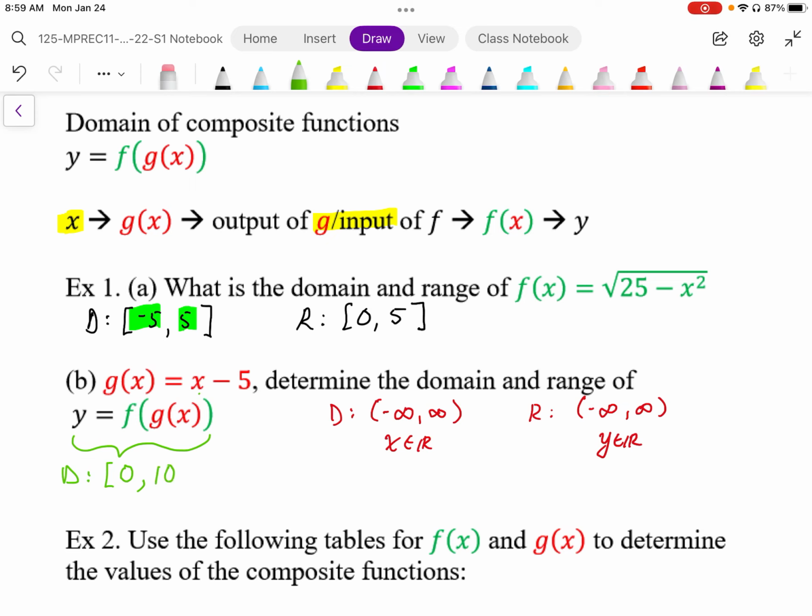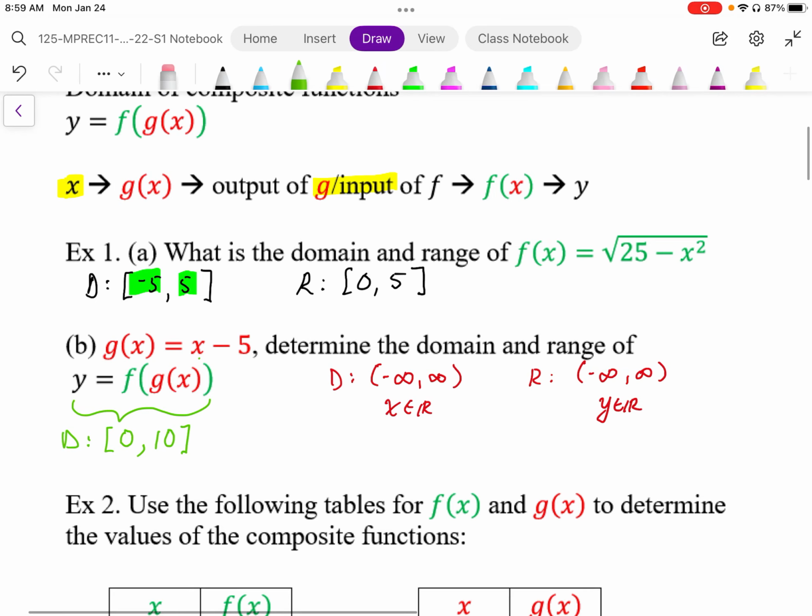So then the domain is going to be 10. So what I can do is put 0 to 10 through the g function, I'm going to get an output of -5 to 5, and that output then matches the domain of the outside function. The range of the composite function is going to be based on just the range of f of x, which is 0 to 5.